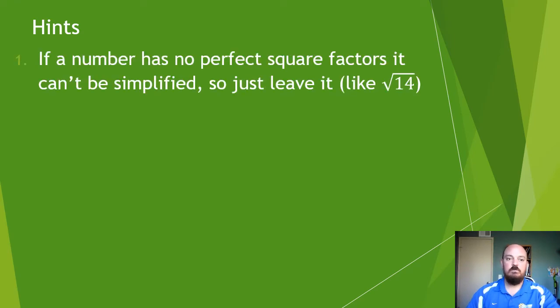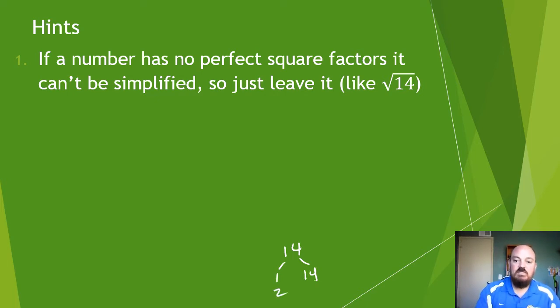All right, so here's some hints for you guys as you're working on this. Number 1, not every radical can be simplified. So I said if a number has no perfect square factors, just leave it. So let's say for my example, let's do the square root of 14. So you go, all right, well 14 is 1 times 14.